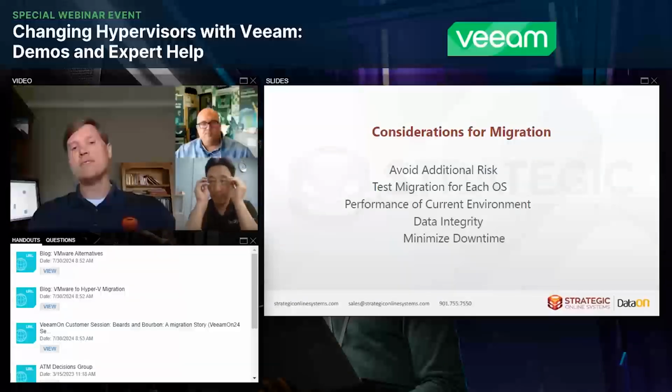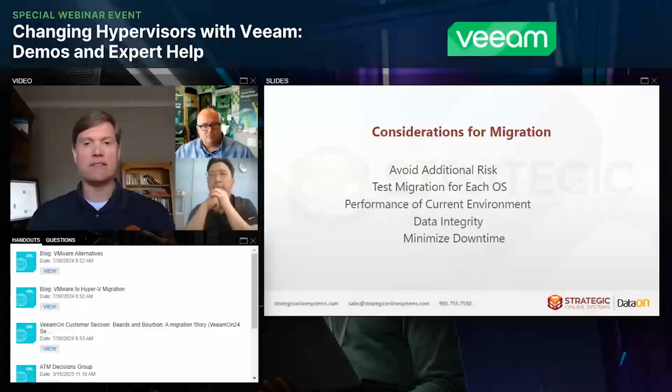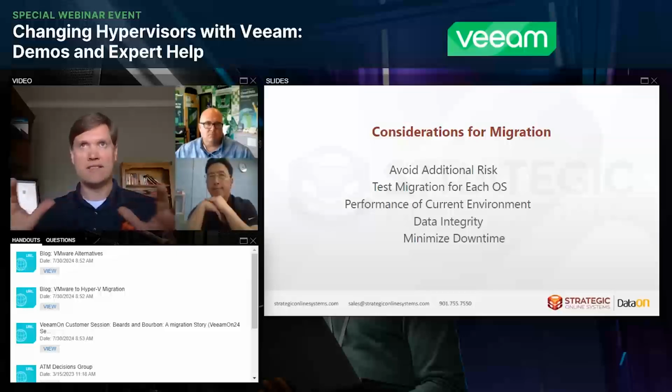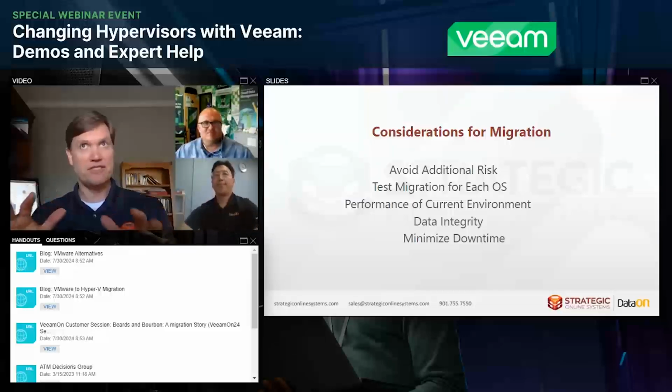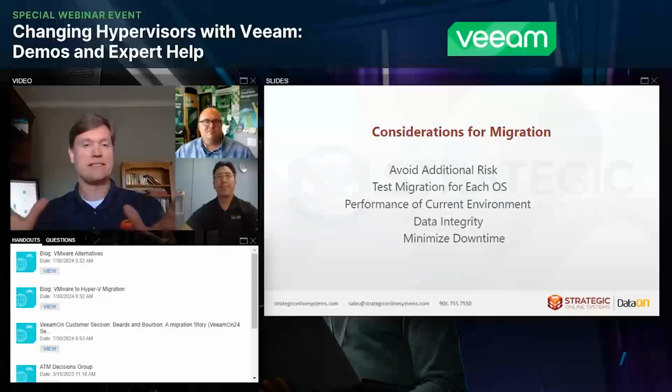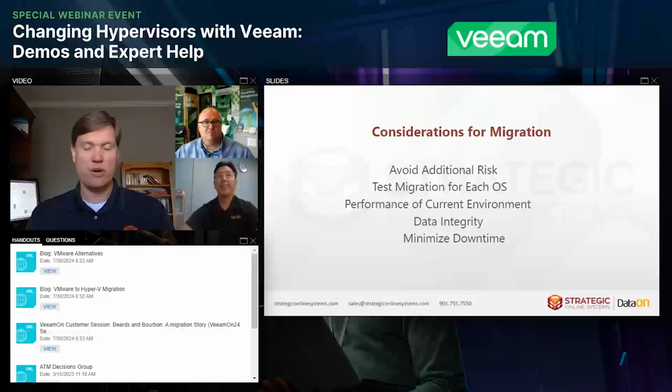Yeah. So that's what we always talk about: we need to do test migrations for each OS. We know that most of you are going to be ashamed to admit this, but there's probably a lot of you that still have a 2012 R2 server out there. Those migrations behave very differently than a 2016 or even the 32-bit version of 2012.